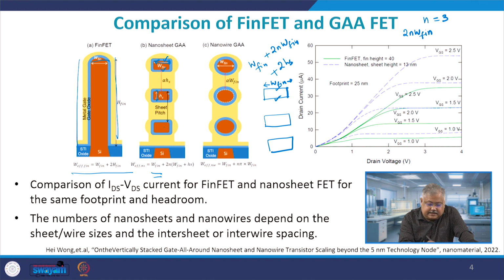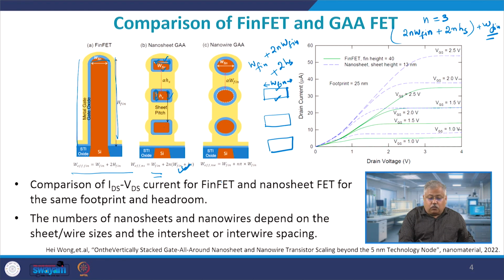And since this one is Hs, and there are 2 Hs per fin, 2 n times Hs happens to be the total width. If you add these two, I get the total surrounding width available to us, and an extra W fin is added, the width of the fin, and that is the reason you take this into consideration.